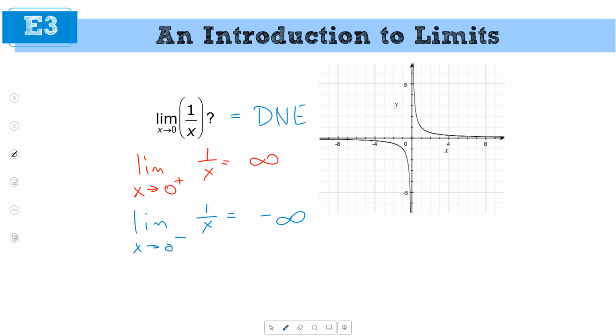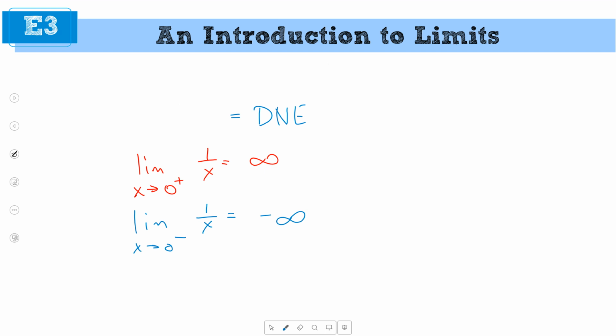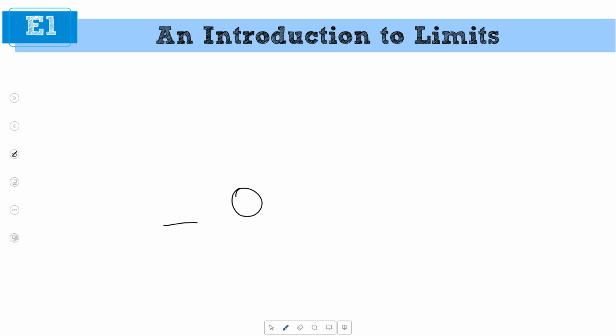Well, there's a nice fancy little theorem that explains that. And the theorem says, if you're going to have a limit at a value, the right-hand limit and the left-hand limit have to be the same. Okay? At 0, there is no limit. One side is infinity, the other side is negative infinity. Those obviously don't match, so no limit, DNE, at the point.